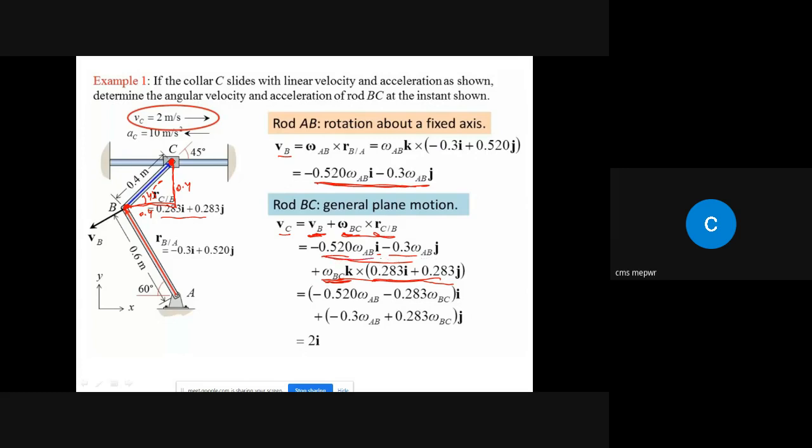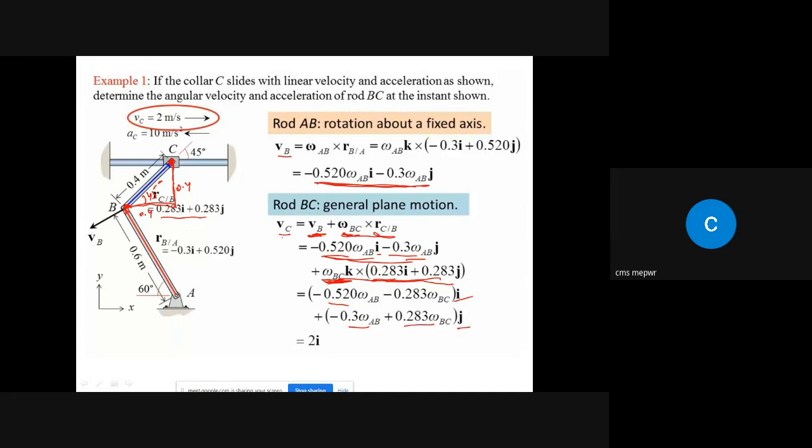Okay, so this one is I, this one is j. Multiply this inside, and you remember how to do the multiplication in case of cross product. So when you do so, this is the final arranged form: 0.520 omega AB minus 0.283 omega BC, and this is the I component, and these are the values for the j component, right?